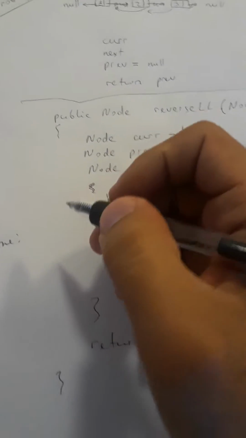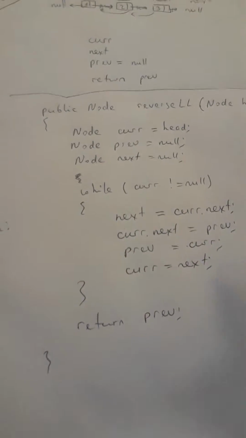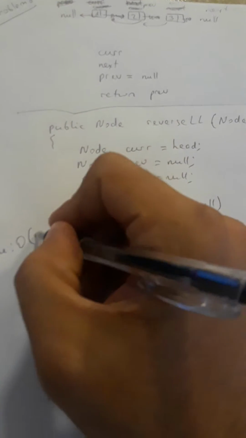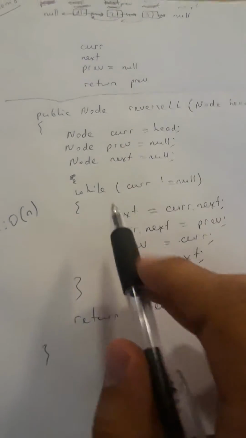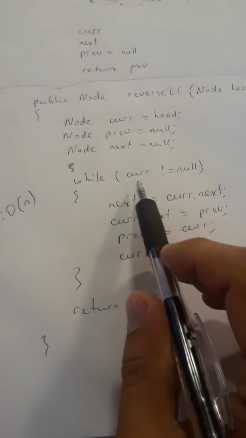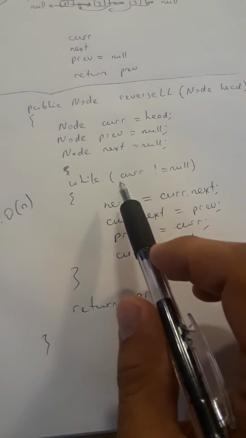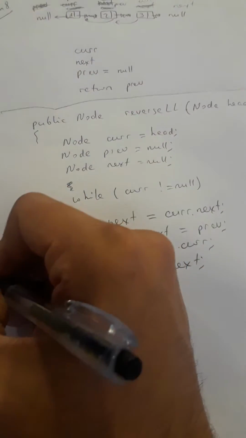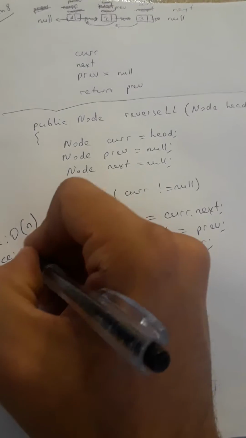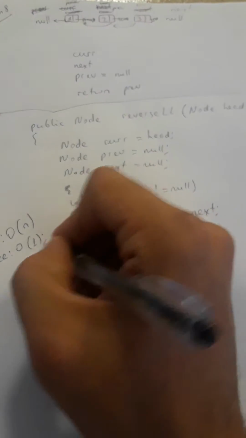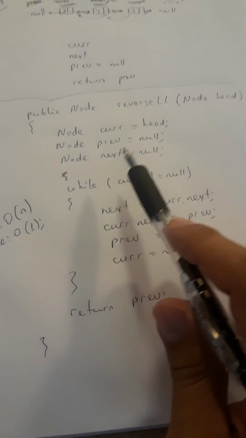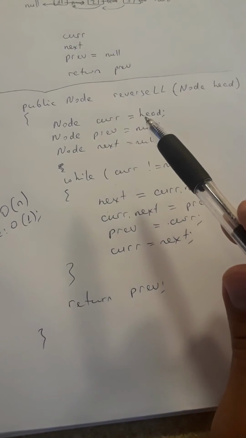Time complexity for this approach is order of n, because the number of operations is the number of nodes in the linked list, and space is order of constant, because we are just declaring three node variables. Yeah, that's it.